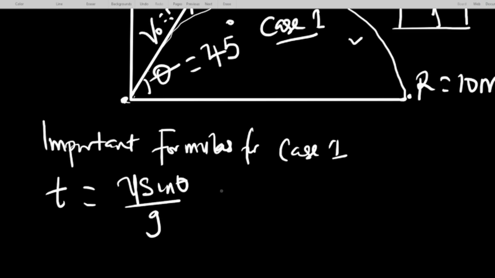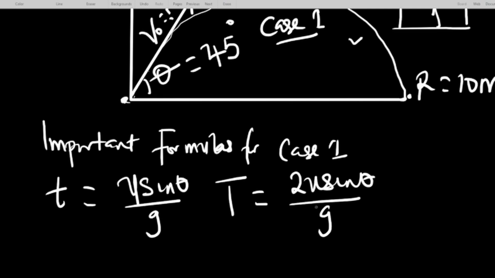Now for the total time taken to travel, or the time of the motion, we say 2u sine theta all over g. This is the total time taken to travel from the point of projection, which is here, to the plane of impact, which is here.